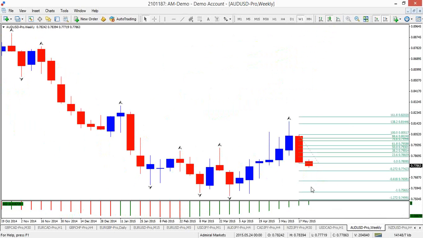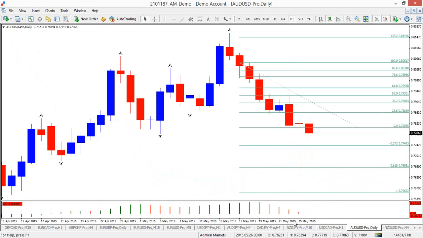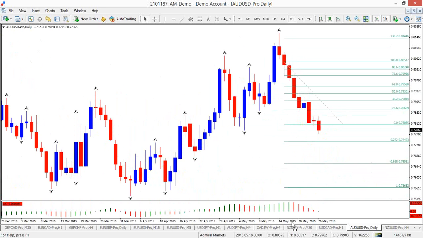Moses is saying that AUD USD is weakening, and indeed, target for the moment 77.50. We're getting pretty close to the target. Still a bit of space left.